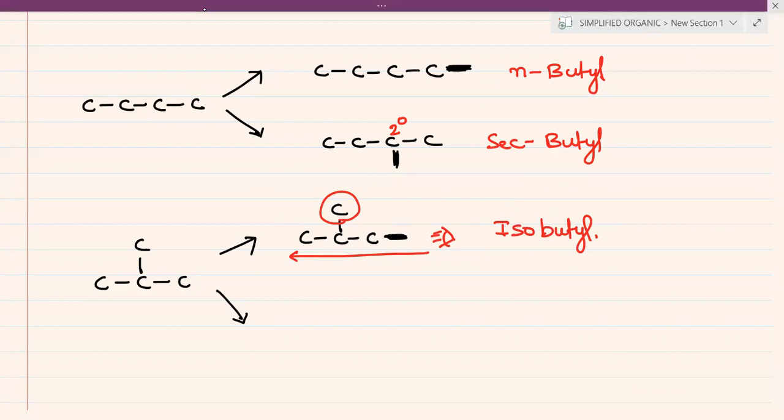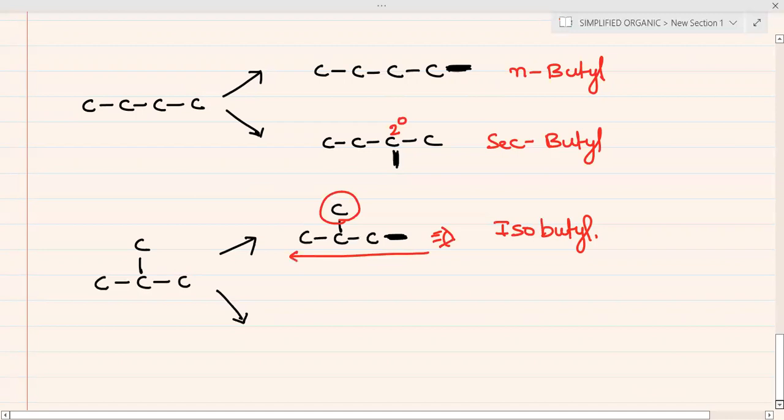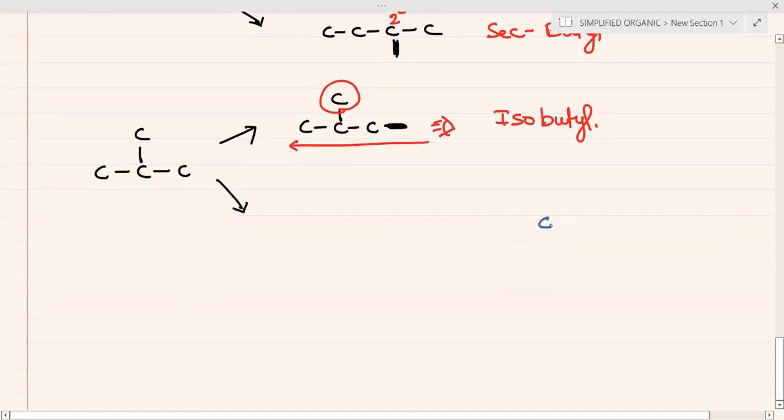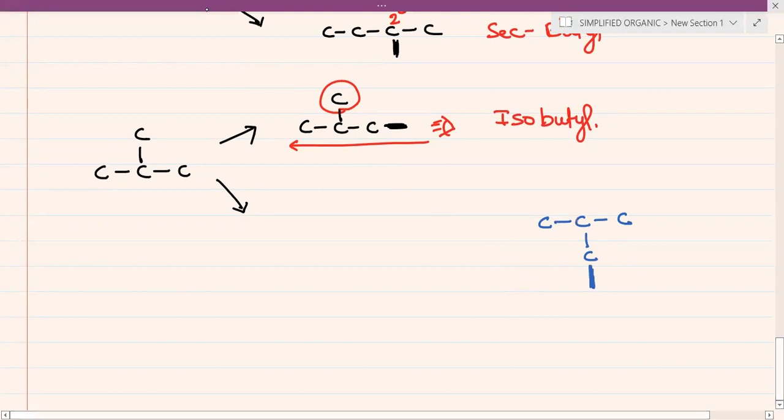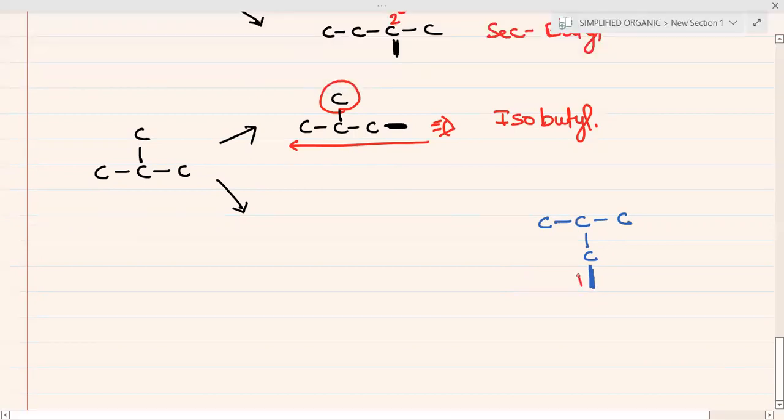I can also write this branch in this way. For example, if I make it from this carbon, now travel from the branch. When you travel from the branch, this is the last carbon. Either you travel to the left side or right side, your wish.